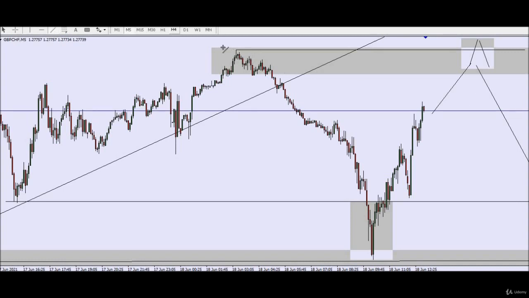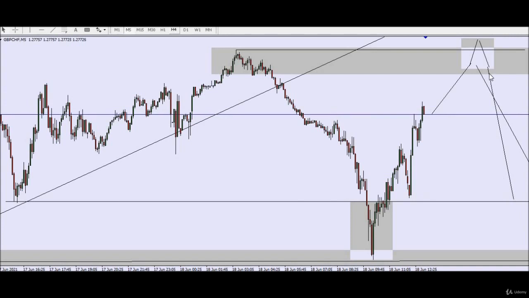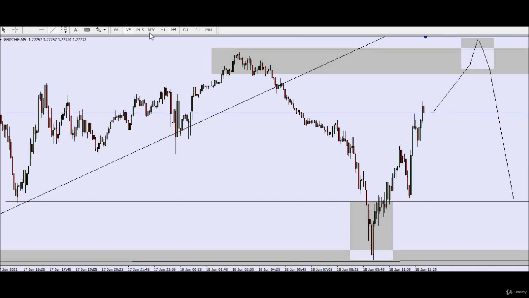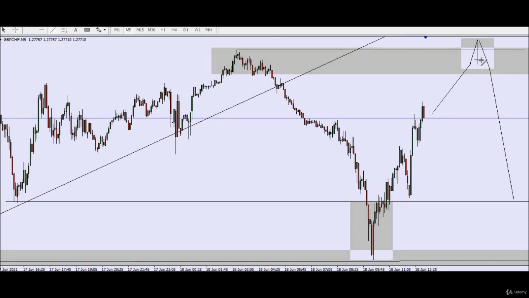And maybe because we are in the zone, it can be very strong move, but we are not here to predict the market. We just want to trade what we see. So here, if we want to trade this, we need to wait for some sign of rejection or fake breakout. It's very probable that it will happen like this.